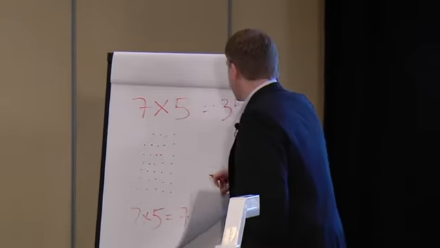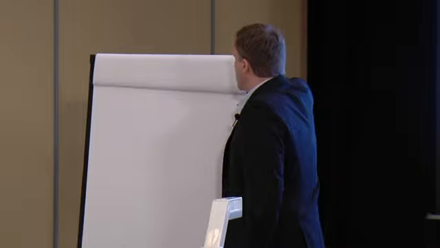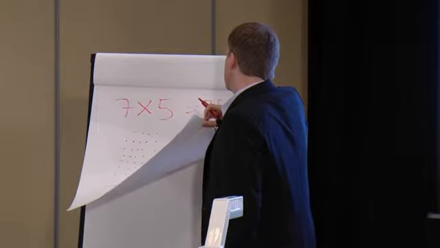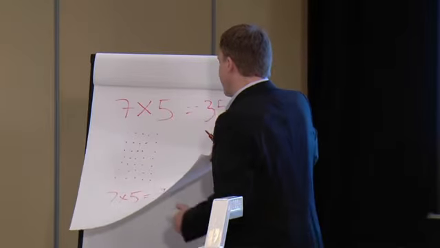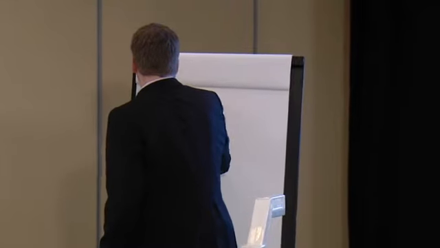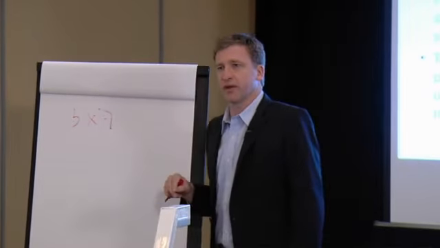Let's try a new one. Let's do 7 times 5, but let's think it through this way. The students say, well, I actually remember my 5s pretty well, so I'm going to flip it and think about 5 times 7.